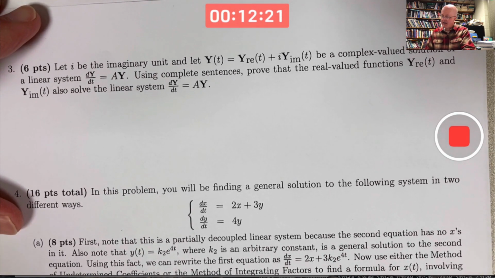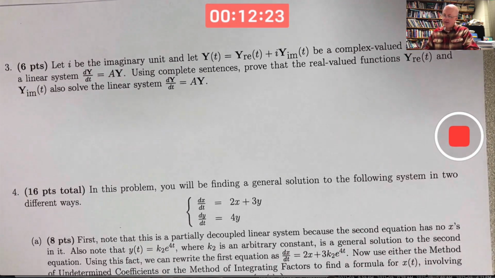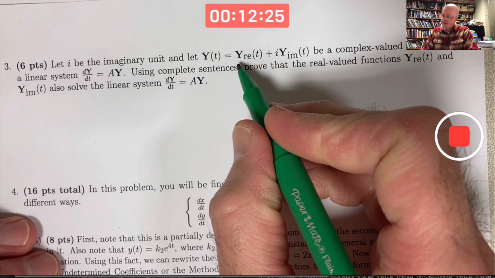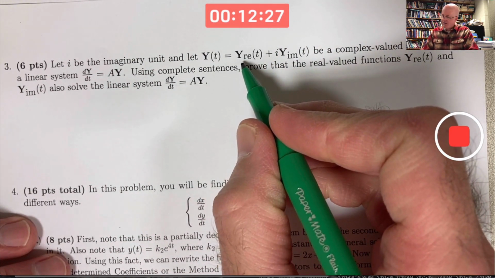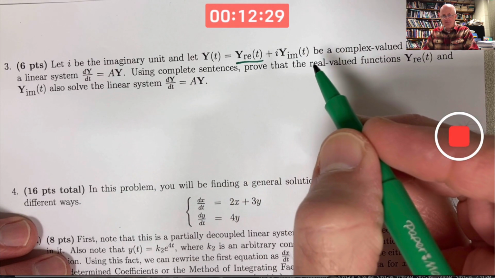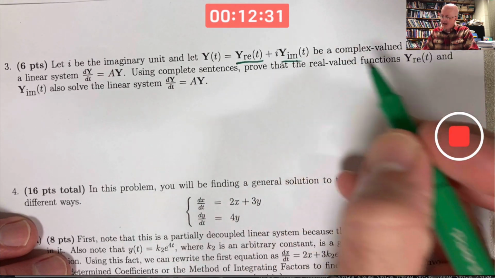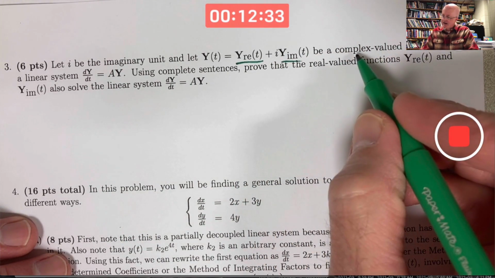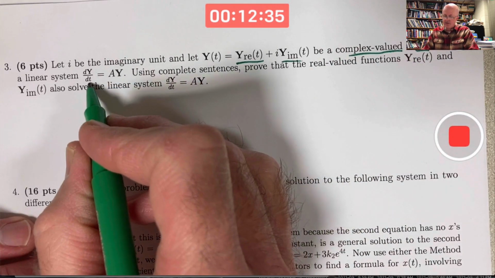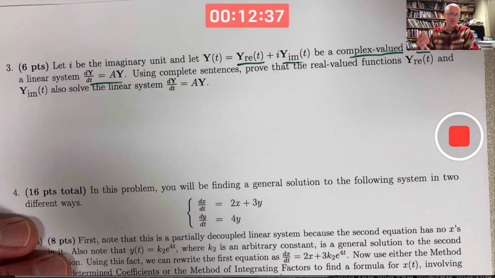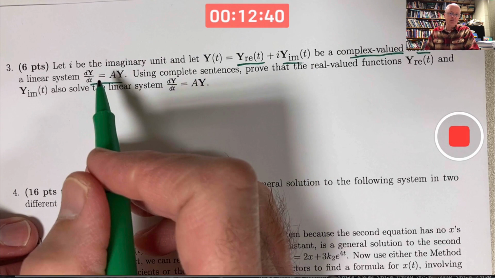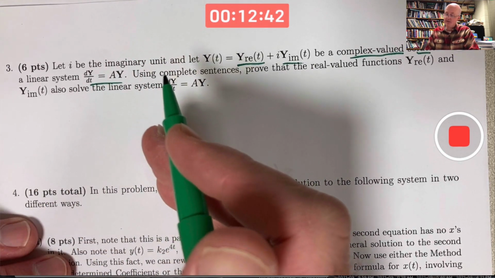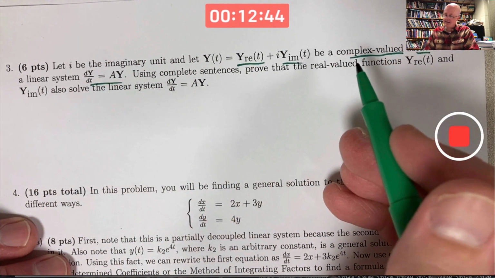Let I be the imaginary unit, and let y of t equal the sum of yre of t plus I times yim of t as a complex valued solution of the linear system. Okay, now you need to know some things here. Linear systems like this can have complex valued solutions, and I'm assuming that in this case.